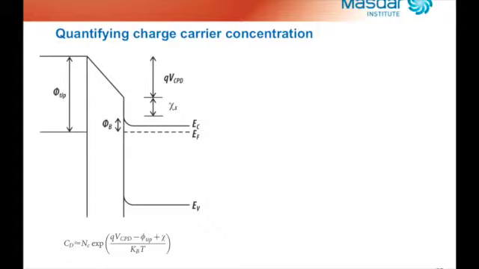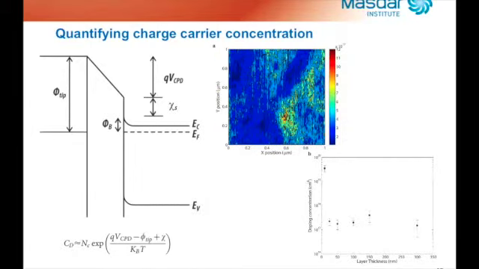And I've developed for this an analytical framework in order to move from a map of work function difference to a map of charge carrier concentration. This framework has been implemented in a MATLAB program, and by doing so I was able to obtain maps of charge carrier concentration.